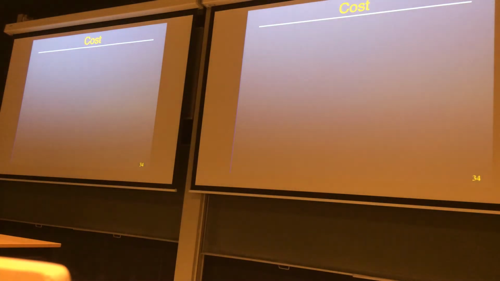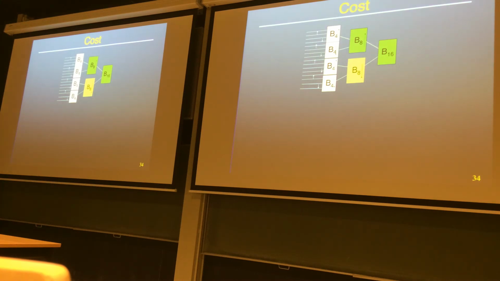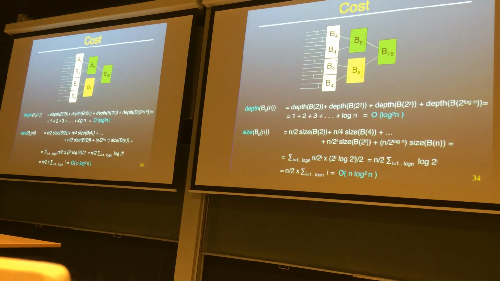Well, look at this picture now to come up with a computation of the cost, that means the size and the depth of such networks. So, what's the depth? Well, the depth of such a sorting network consists of the depth of a B2, the depth of a B4, the depth of a B8, in general the depth of a B to the power log n network, in order to form this resulting bitonic sequence, and as the last step, applying a merging network to obtain the final result.